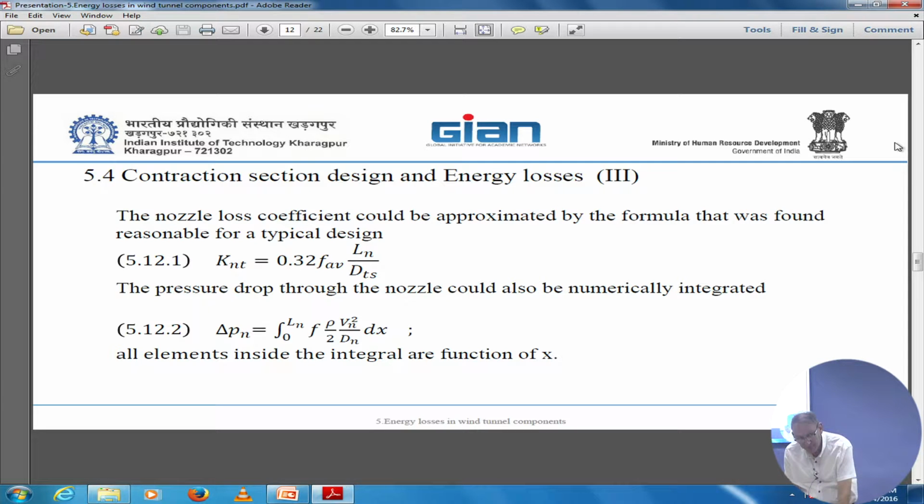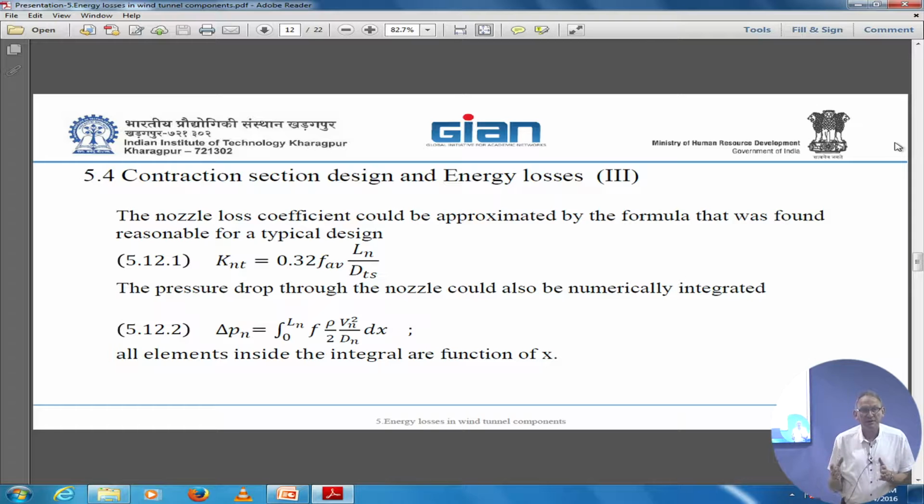Nowadays people are talking about larger contraction ratios, like 10, 12. So what is the reason behind it? The only advantage is that you attenuate and decrease the disturbances that you did not manage to get rid of in the settling chamber.